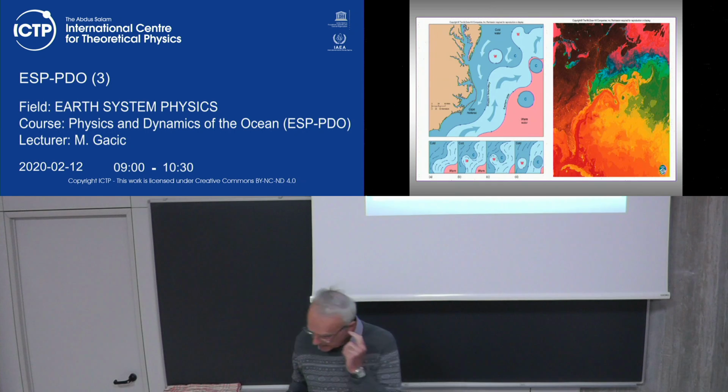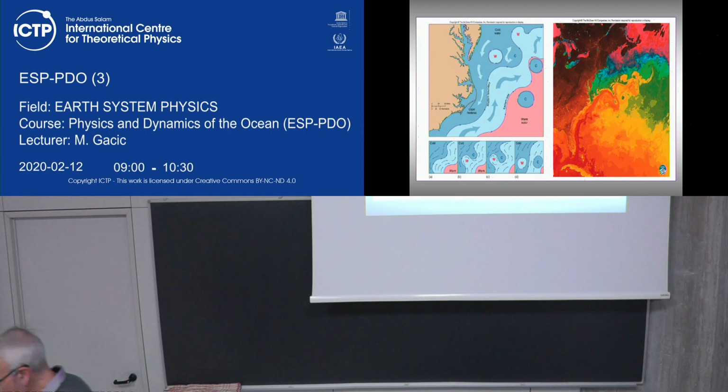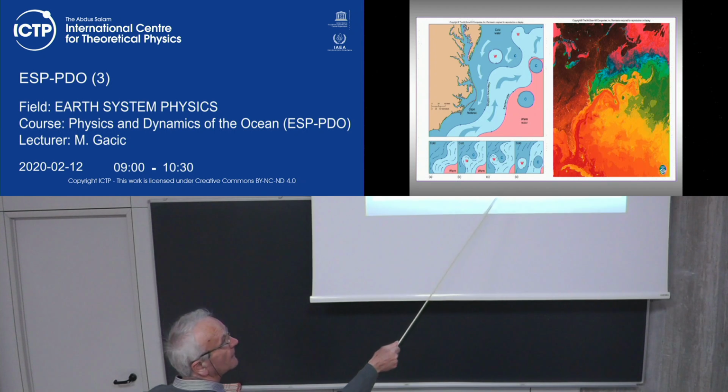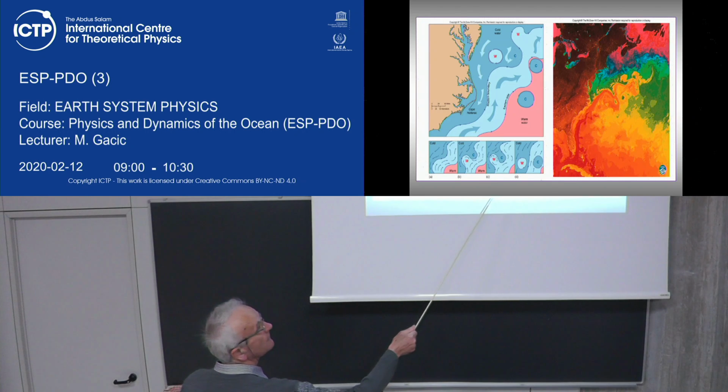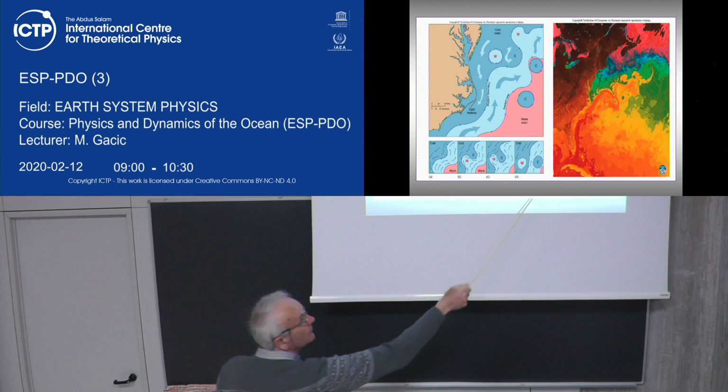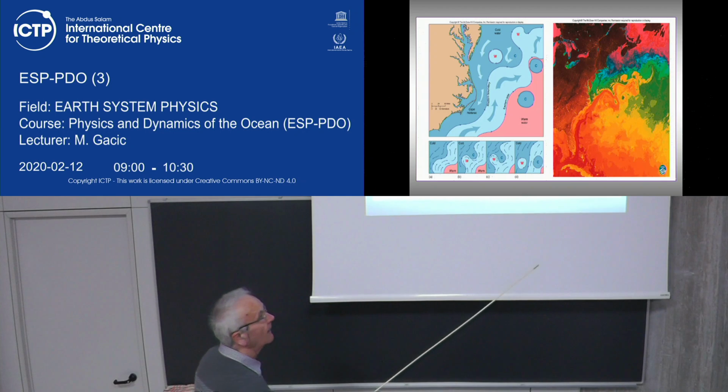This is how we zoom the conveyor belt to what is happening, for example, along the Atlantic coast. You recognize this is the Florida coast, this is North America, this is Canada here, Europe is over there.